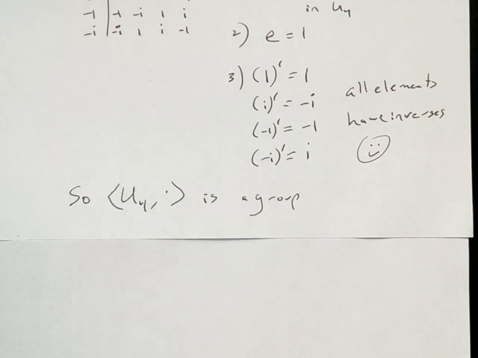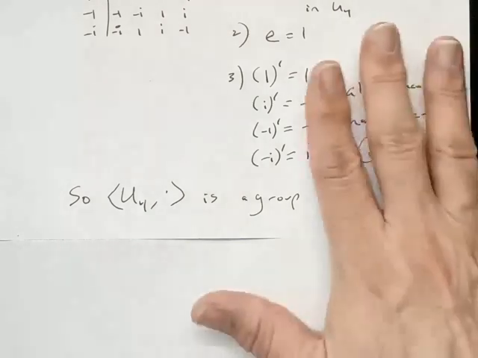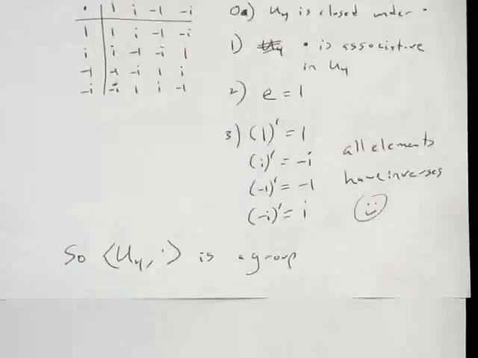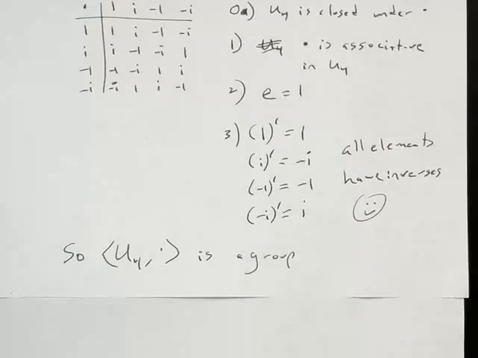You said when we were talking about integers, it didn't matter what order we did our operation in, right? In U4, does it matter what order we do our operation in? Because I look at this table and I see a property that we mentioned on Thursday.